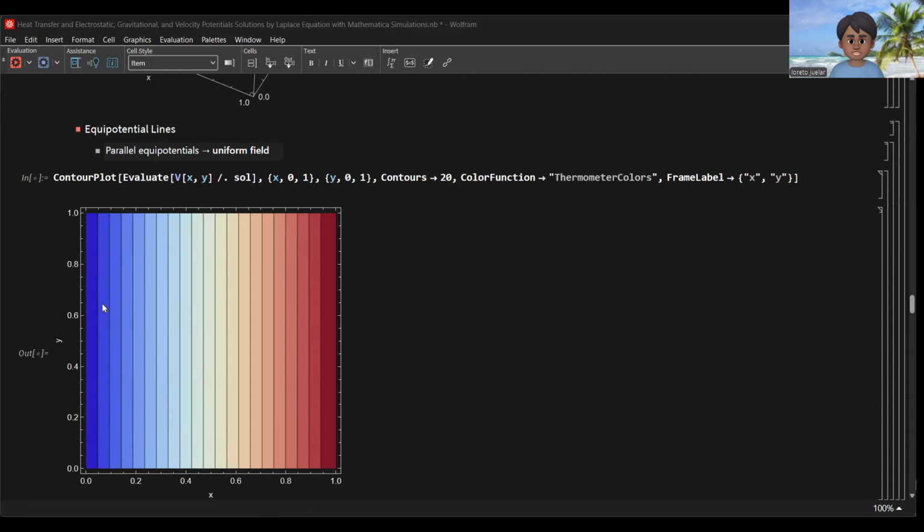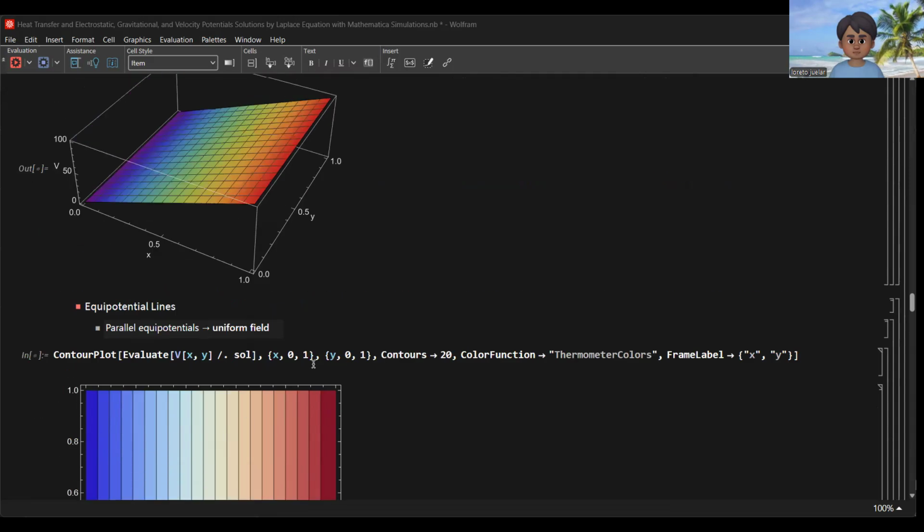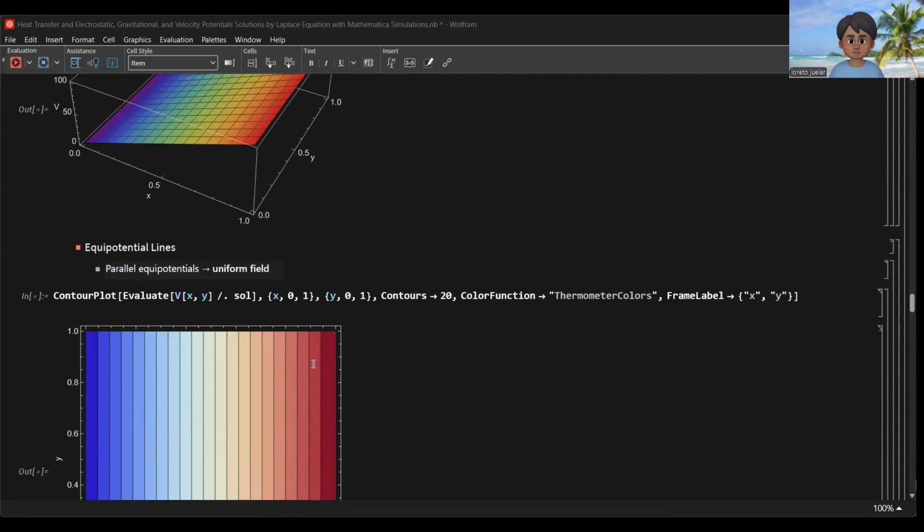The potential here is constant. We have the potential along the line, so from this point up to this point, we have the same potential. The potential here is constant.